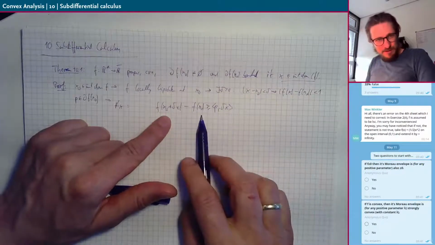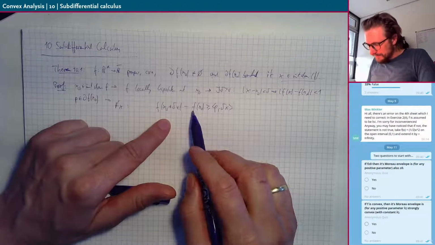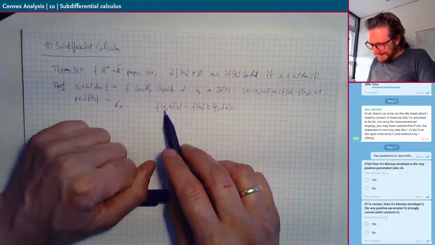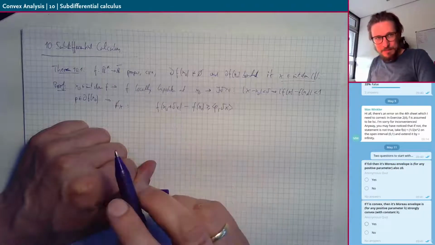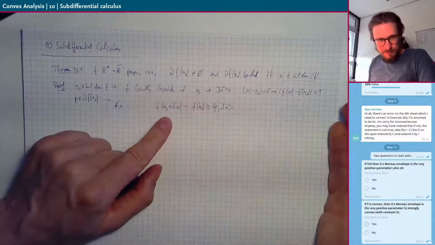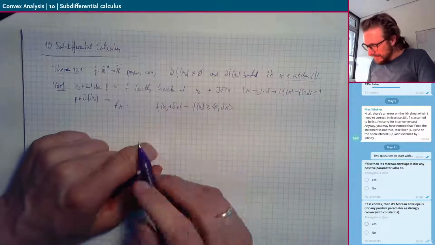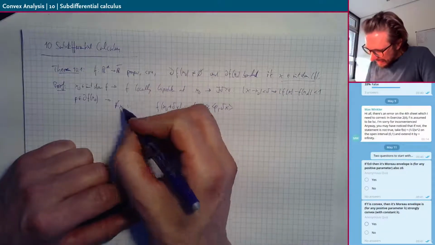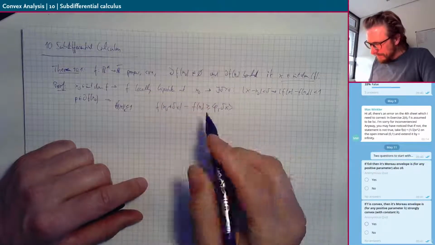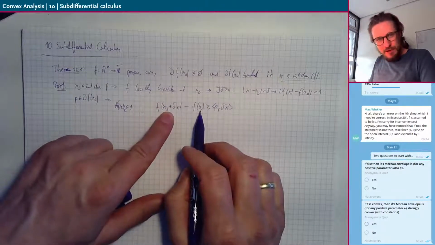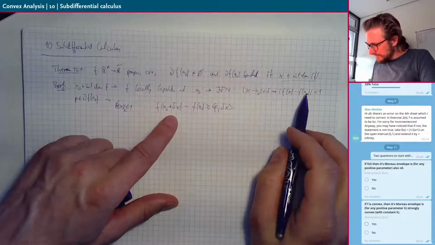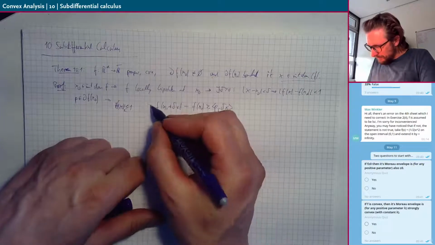So this is the subgradient inequality with the two points: x0 where the subgradient is taken, and the other point x0 plus delta times x. And if we also assume that the norm of x is bounded by 1, then the difference of these two arguments is bounded by delta, which means that the difference of these two function values is bounded by 1.